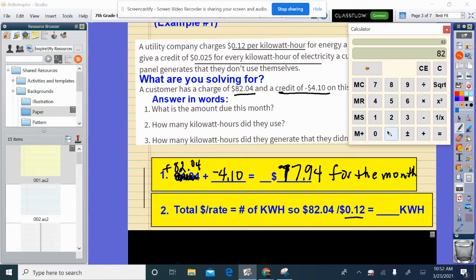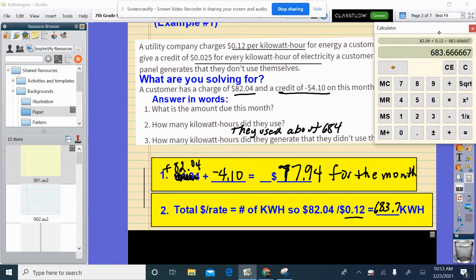These are positive amounts now, and I'll show you that in the next question, because this is how much energy we used. So it was 683 and 7/10. How much did they use? They used about 684 kilowatt hours.